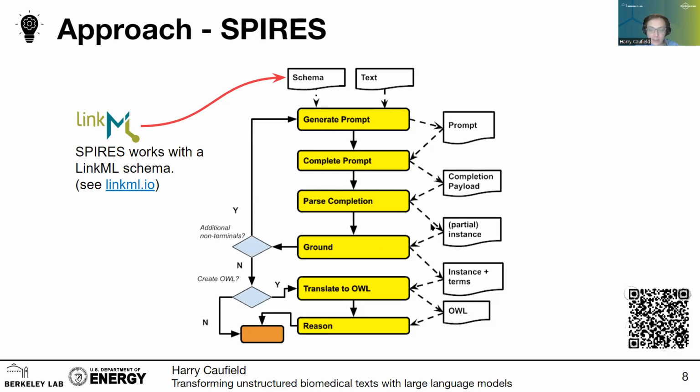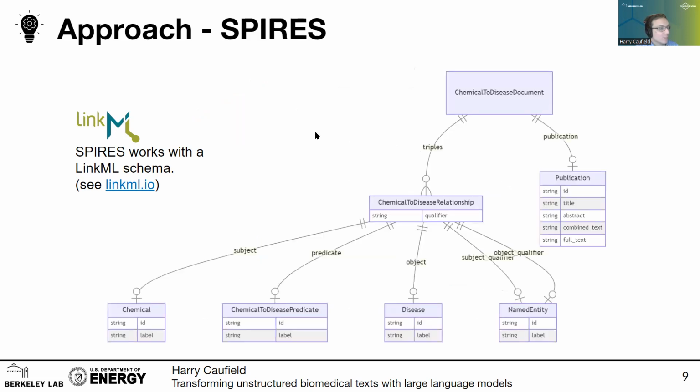The individual text fragments in there are searched to see if they can be grounded to the specific chosen annotators, as we call them. Where possible, we can also translate the result to OWL and use that to do reasoning, if you're familiar with the kind of reasoning that you can do over a nice ontology.